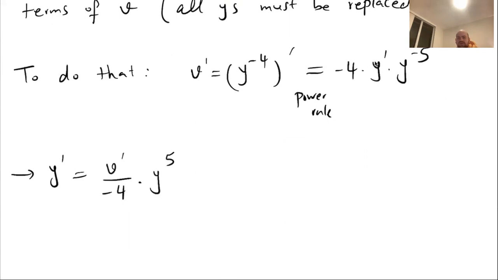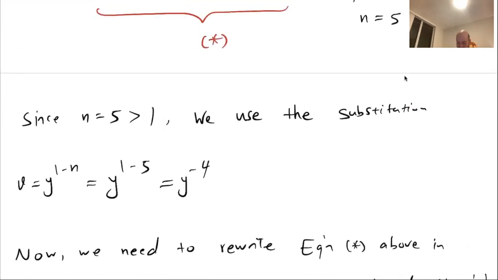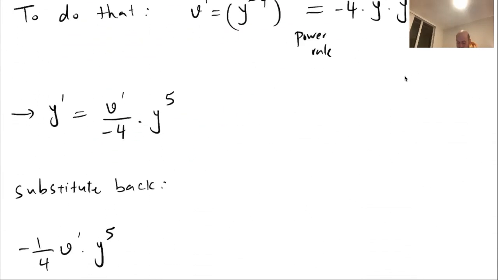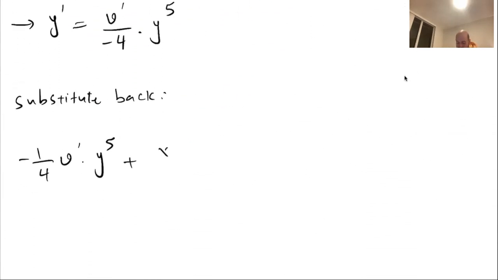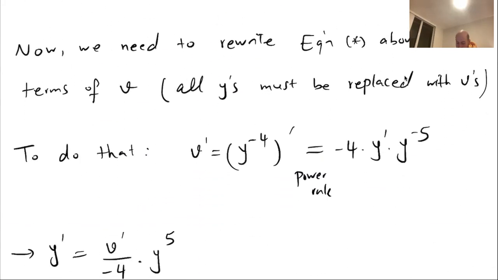From this equation, I can easily find y prime. So substitute back. If I substitute back, then I'll have minus 1 over 4 v prime times y to power 5 plus x plus 1 over x times y equals minus y to power 5.